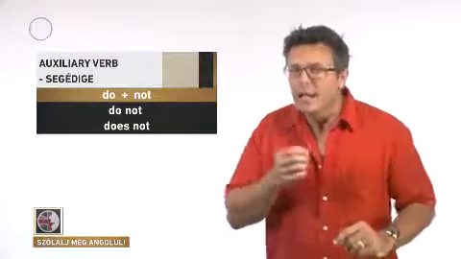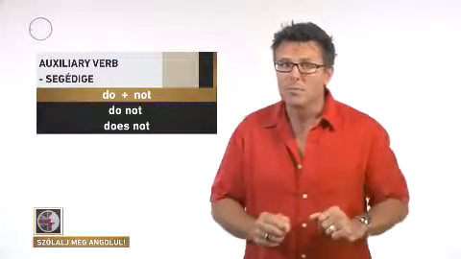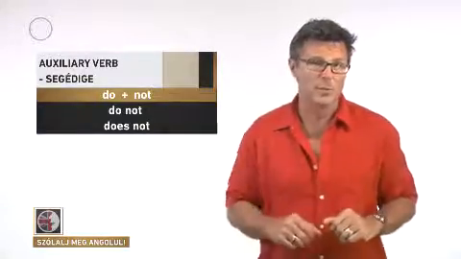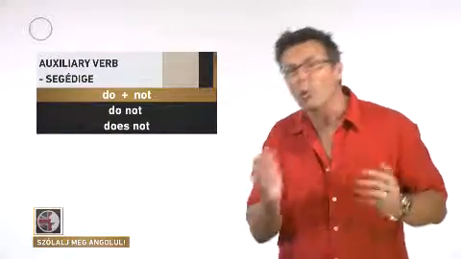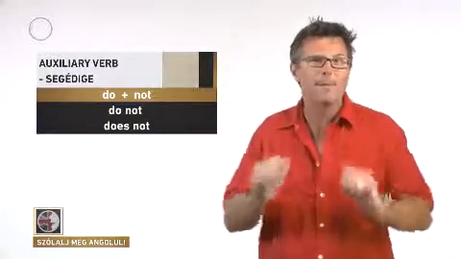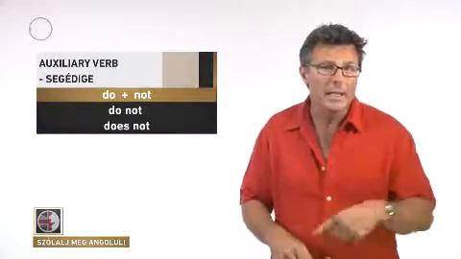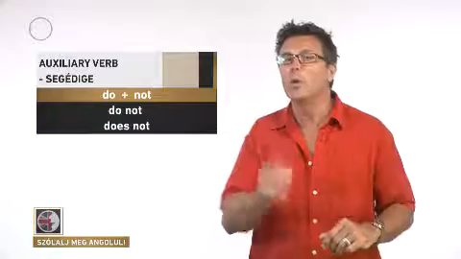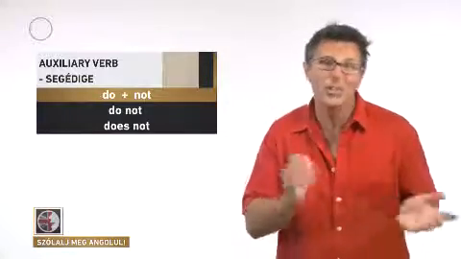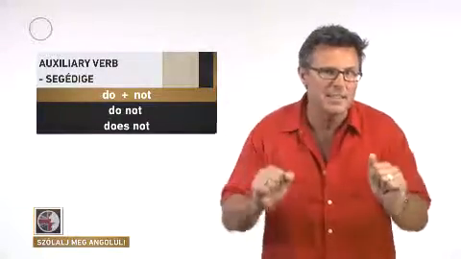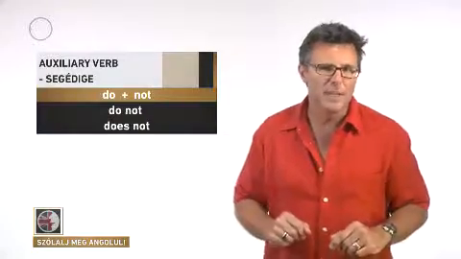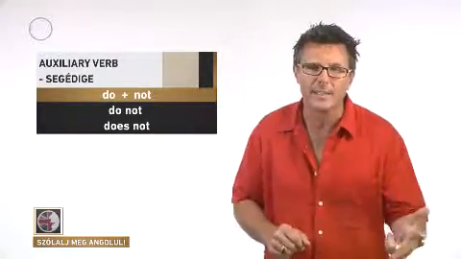So, this means we get 2 forms, do not and does not. We use do not, or the short abbreviated form, don't, for the subjects I, you, we, you and they. We use does not, or the short abbreviated form doesn't, for the third person singular, he, she and it.